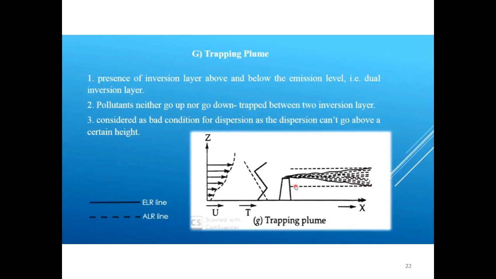So basically two inversion layers are present. One is below the stack gas exit point, one is above the stack gas exit point, and between these two inversion layers super adiabatic condition is prevailing. That's why whatever amount of pollutant is coming from the stack will be trapped between these two inversion layers, and that's why the name of the plume is trapping plume, because the air pollutants are trapped between these two inversion layers.